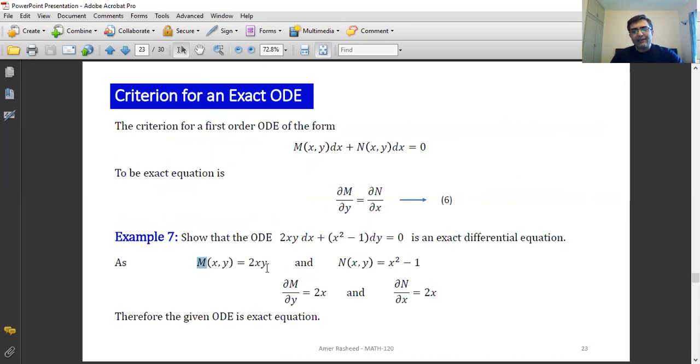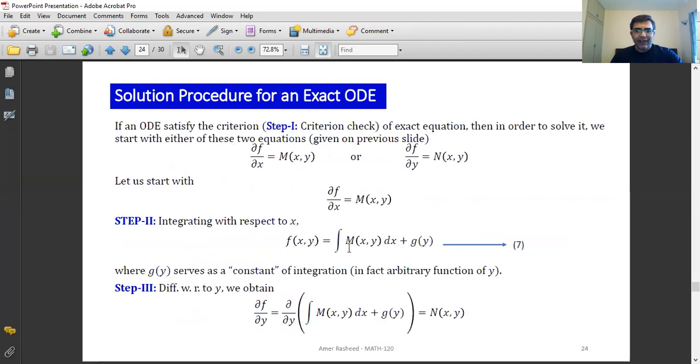So if y is constant, then all the terms which involve only y will become 0. So while integrating here, there might be some function of y which becomes 0 while taking the derivative. That's why we take g of y as a constant of integration.